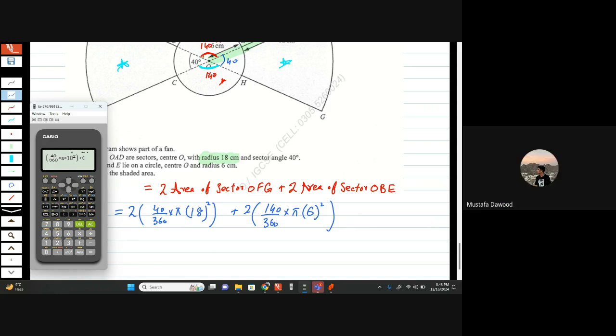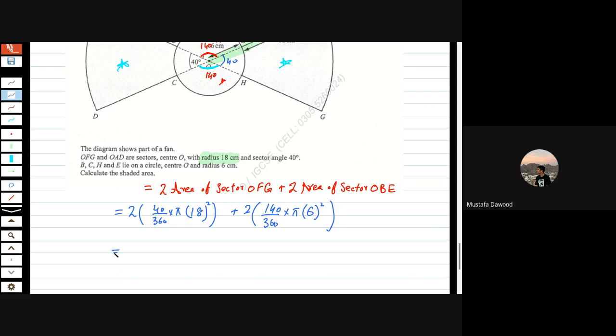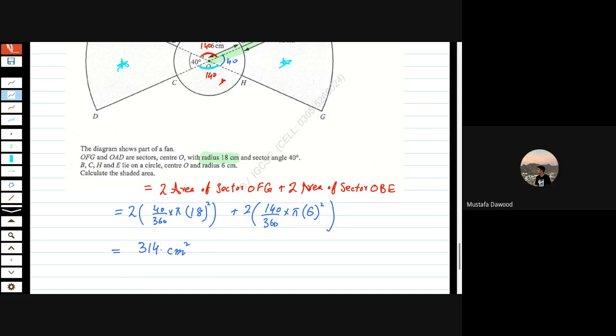Sir, 314.2. Okay, then we have to round off, so it is 314, and everything is in centimeter square. Is it clear? Yes, sir.